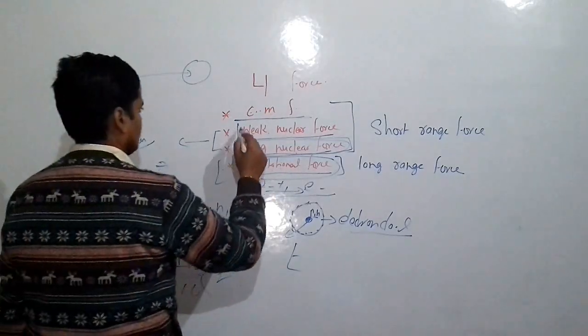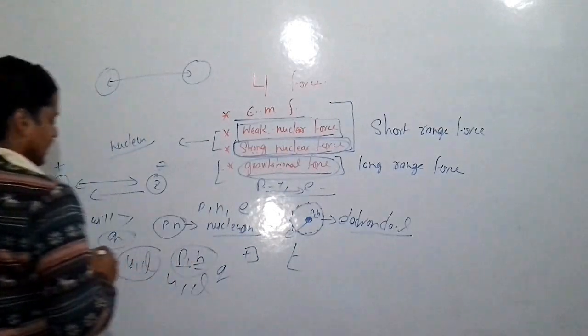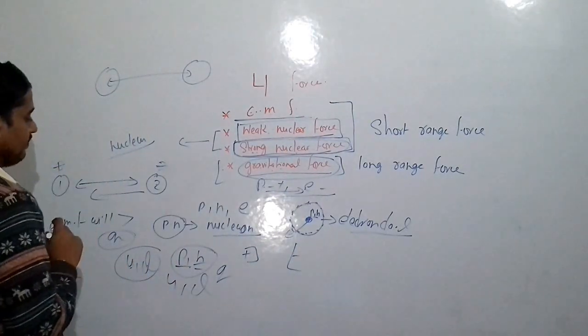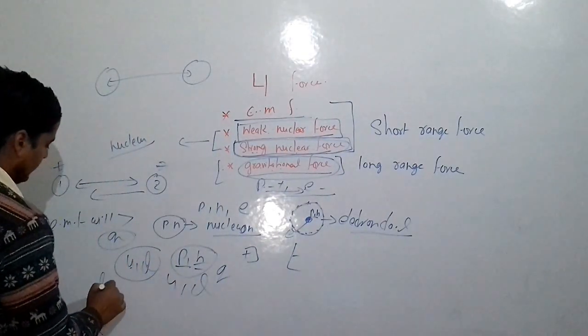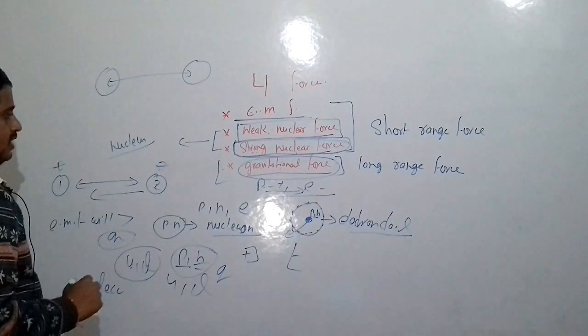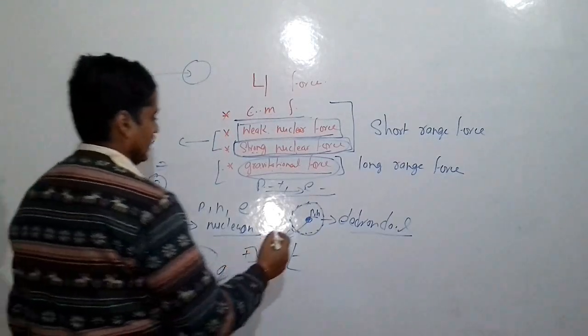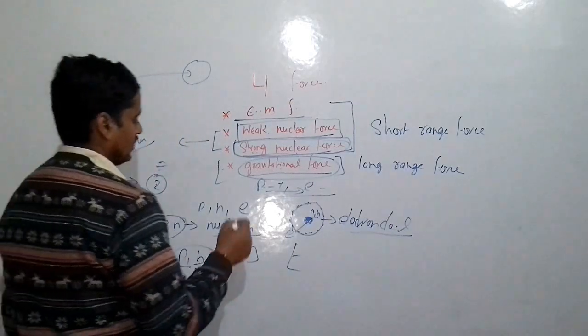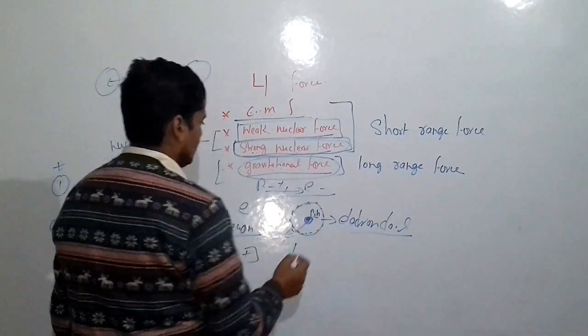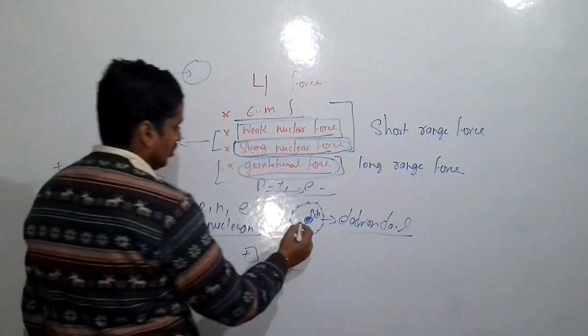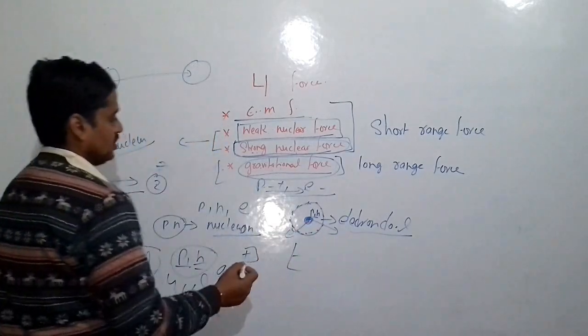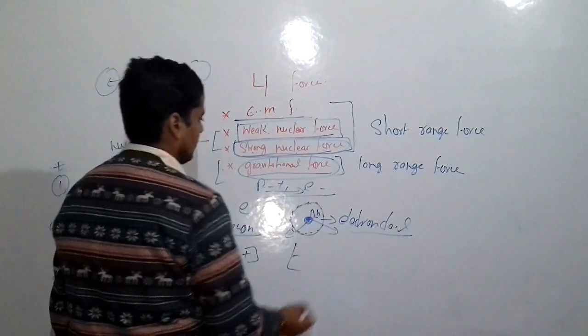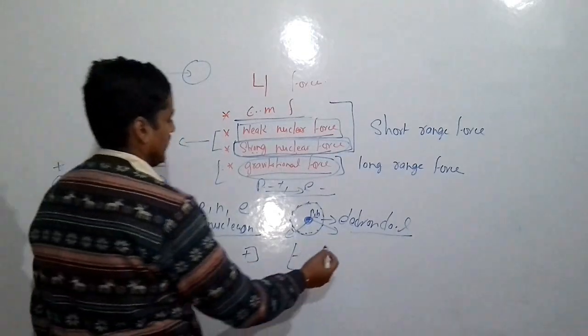And weak nuclear force works in the decaying of a nucleus. Basically, if there is a very large number of protons or neutrons, then to reach a stable condition, this nucleus has to radiate some particles or some energy.